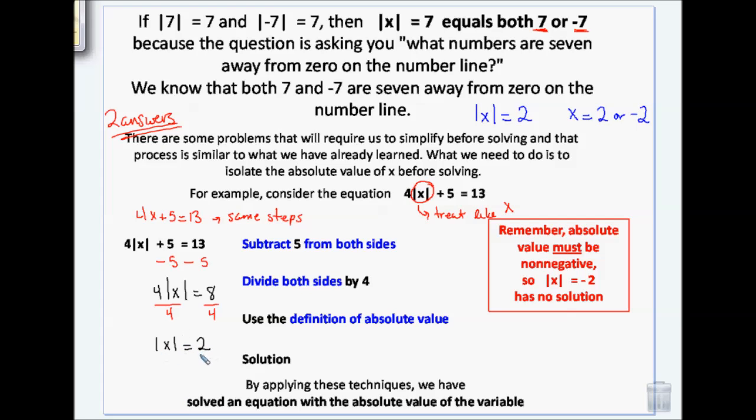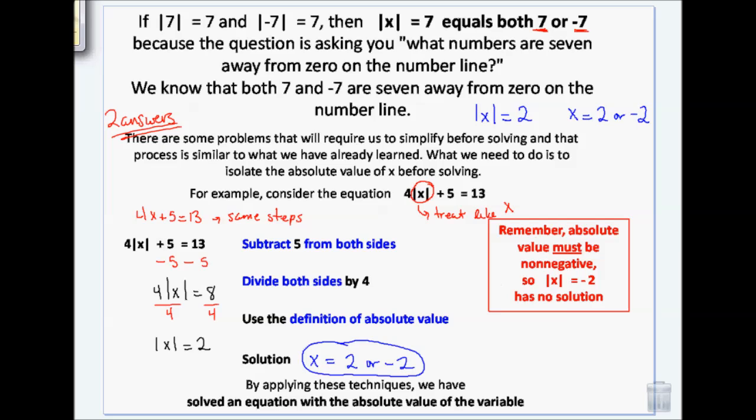Now I have the absolute value of x is equal to 2, so what does x equal? X is 2 or negative 2. Because if I put absolute value of 2, I get 2, or the absolute value of negative 2, I also get 2. Okay. Now absolute value is always positive.